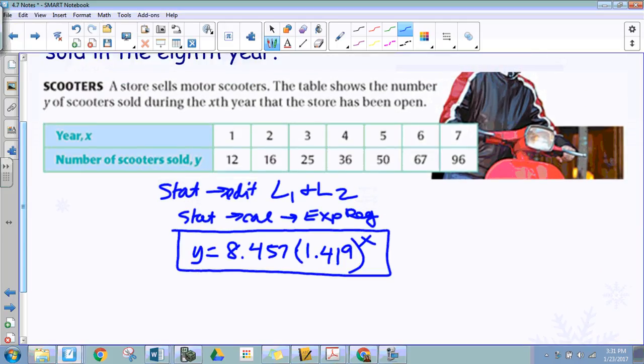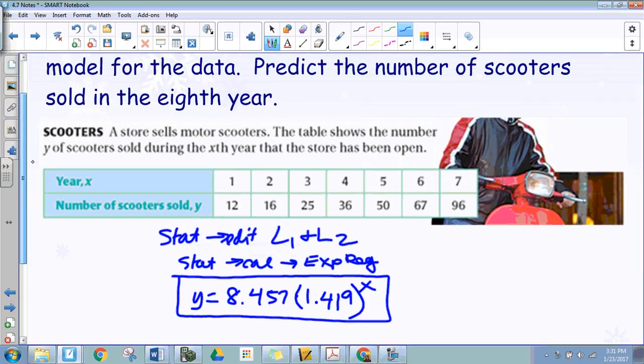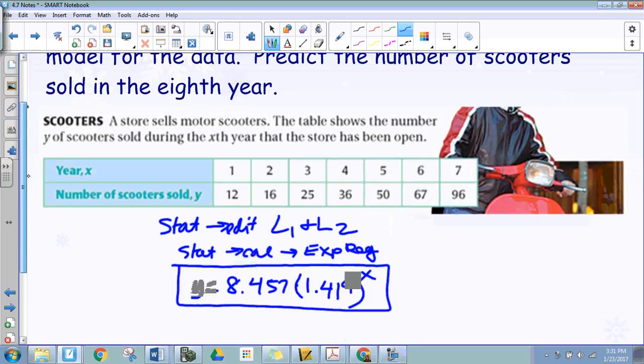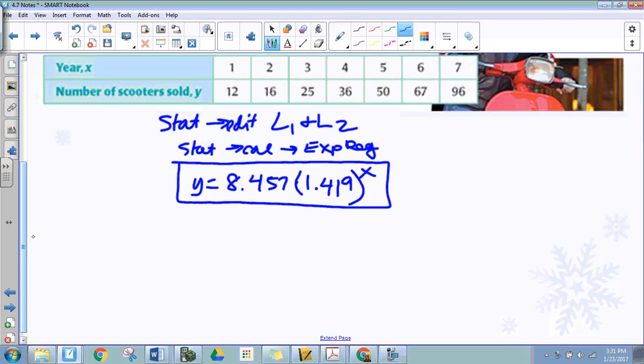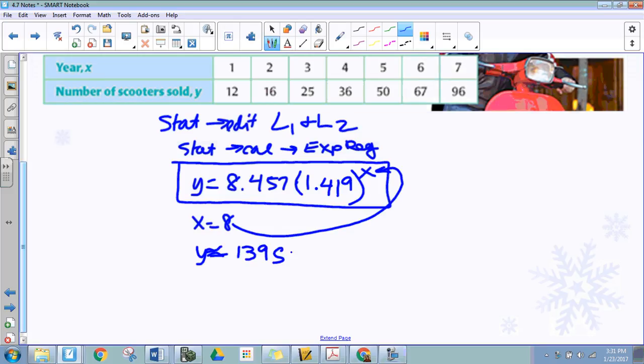Then it wants us to find the number of scooters sold in the 8th year. So year is x, so that means we're plugging in 8 for x. So x is equal to 8. So when we plug in 8 in there, we're going to get about 139 scooters sold. And that's rounded because you can't have part of a scooter.